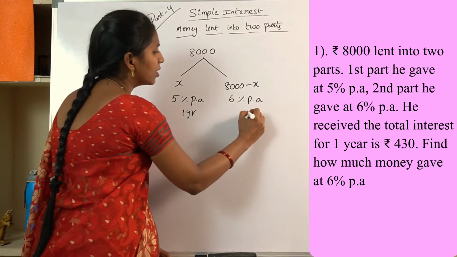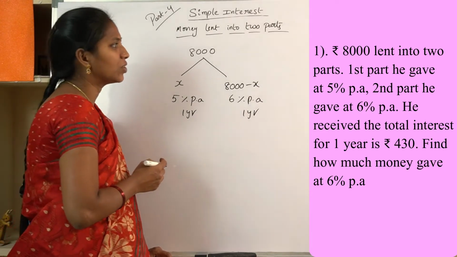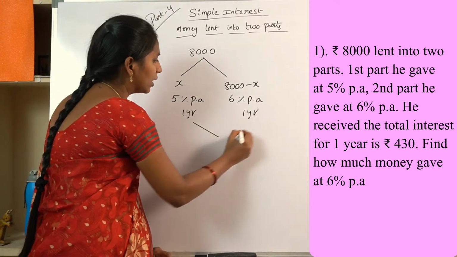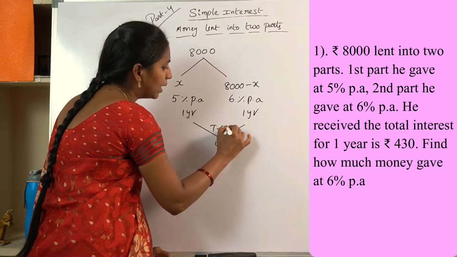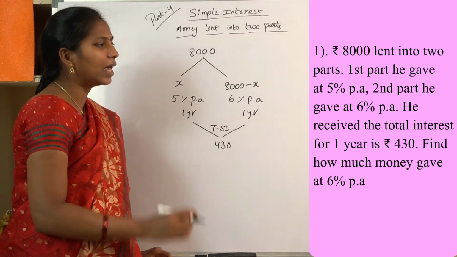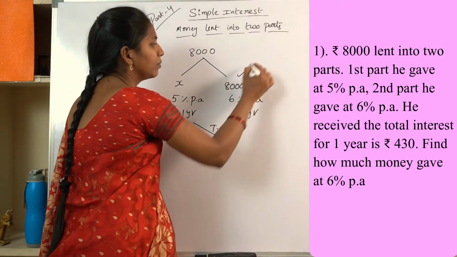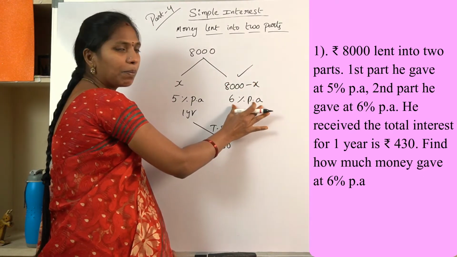He received a total simple interest for 1 year of 430 rupees. Then we have to find how much money he gave at 6% per annum.